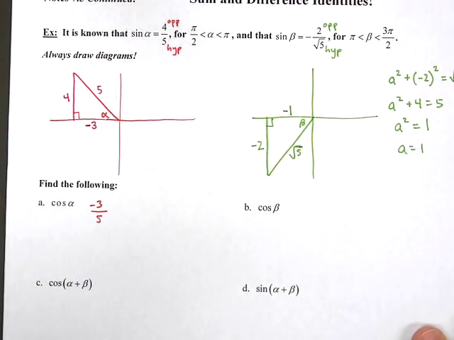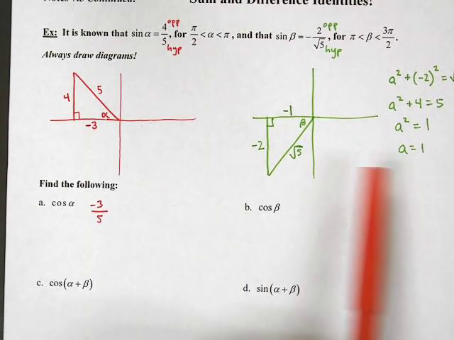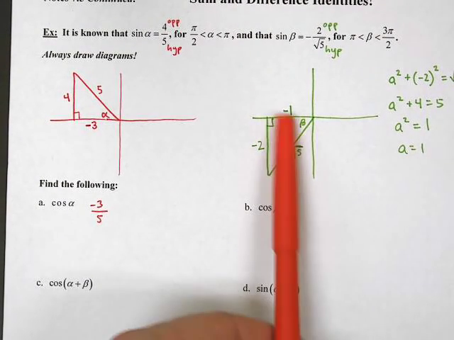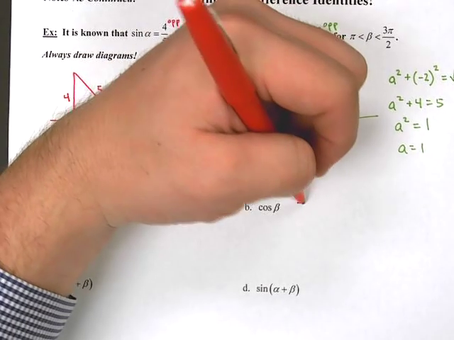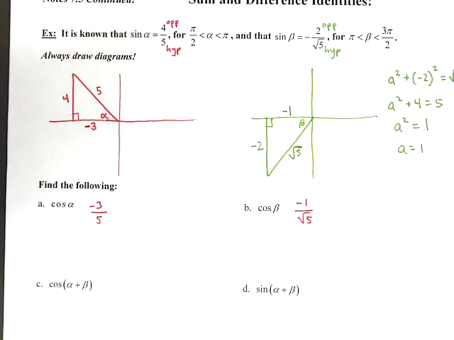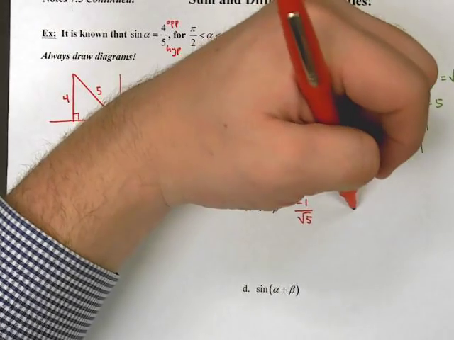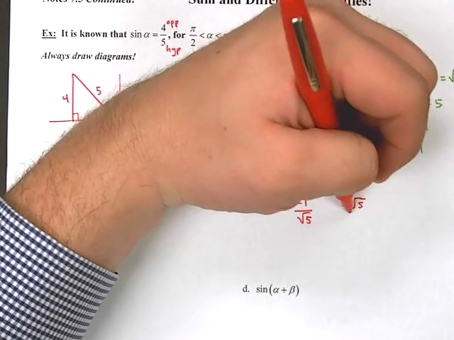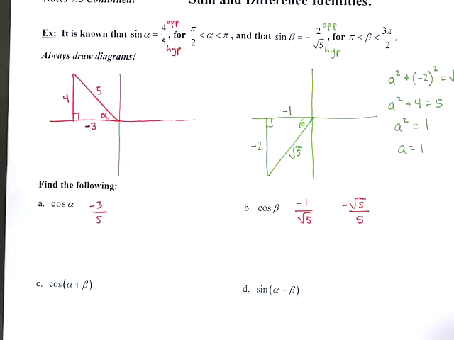So that's easy. I think B is going to be nice and easy as well. The cosine of beta, adjacent over hypotenuse, is just -1 over root 5. If you've been rationalizing your denominators, then go ahead and write -root 5 over 5. Both of those answers in my book are perfectly okay.